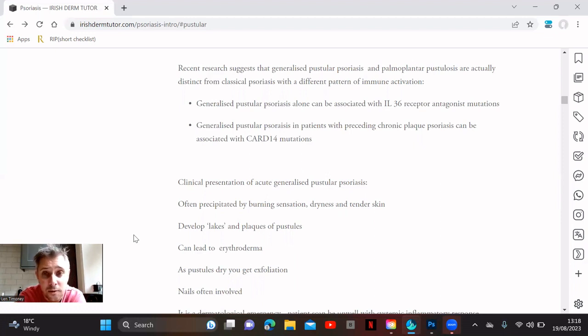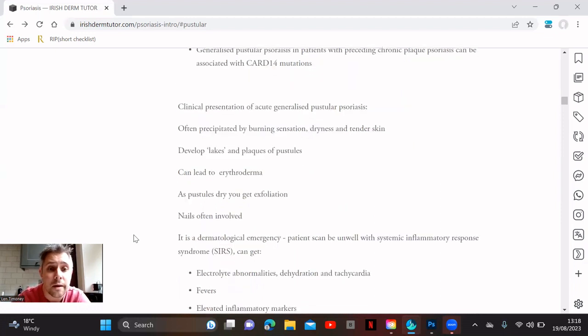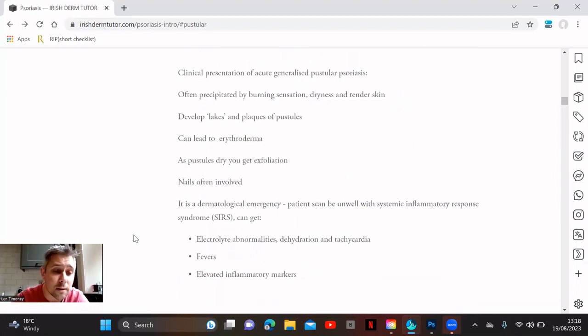Particularly the first one, the IL-36 receptor antagonist mutations, might have implications for future therapeutic options for pustular psoriasis.